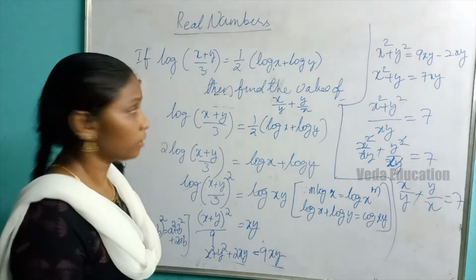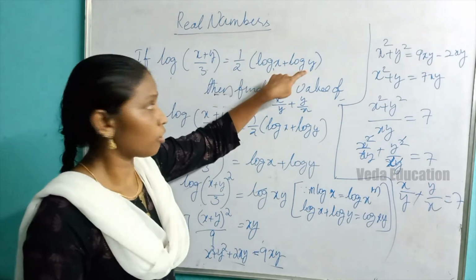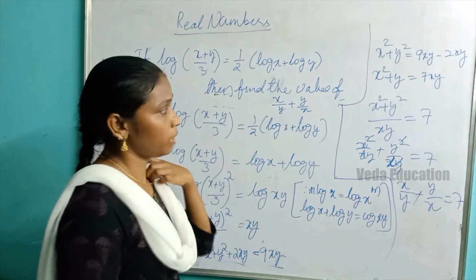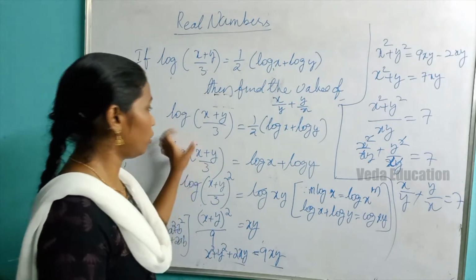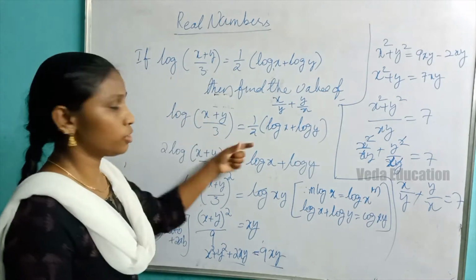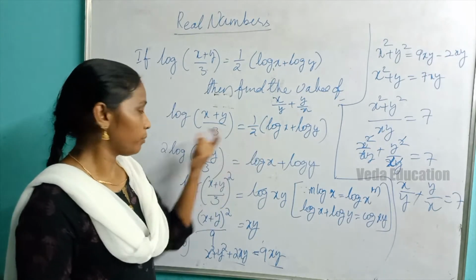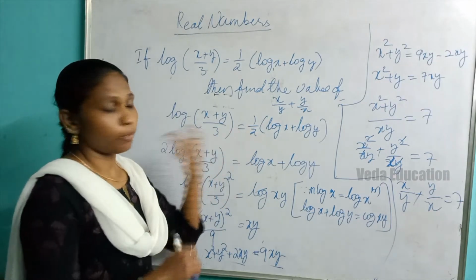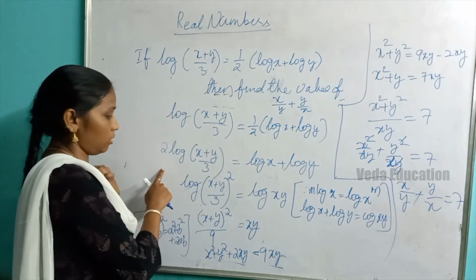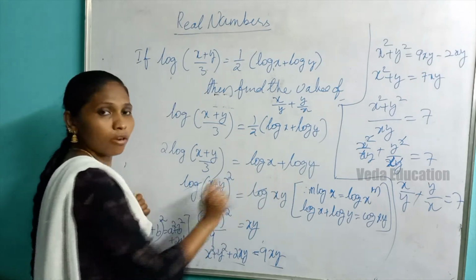Again I am explaining here. If log of (x plus y) by 3 equal to 1 by 2 log x plus log y, then find the value of x by y plus y by x. To find this we need a single logarithmic form. So we are reducing the expanded form to a single logarithmic form. Now here we have the 1 by 2, so transfer it to the left side. 2 log of (x plus y) by 3 equal to log x plus log y.